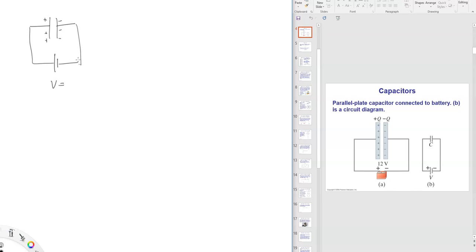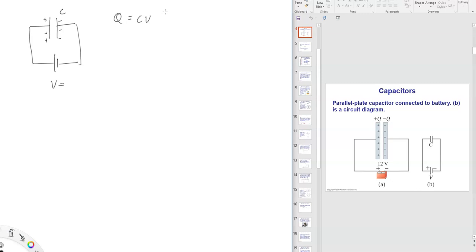Okay, so in a circuit, when we connect a capacitor, let's say the capacitance is C, we know that it's going to accumulate an amount of charge equal to C times V. And we also talked about how to find the capacitance of a parallel plate capacitor when we know the plate area, the separation, and all the physical dimensions.